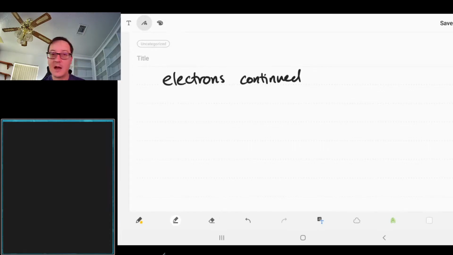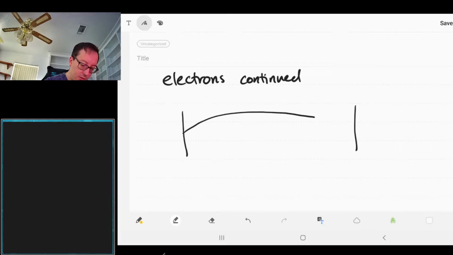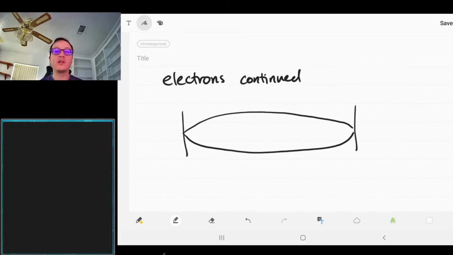If you were to tie a string between two points and oscillate it, meaning move it up and down really quickly, you'll see at certain speeds all you will see is something that looks like this. This is just called a standing wave.